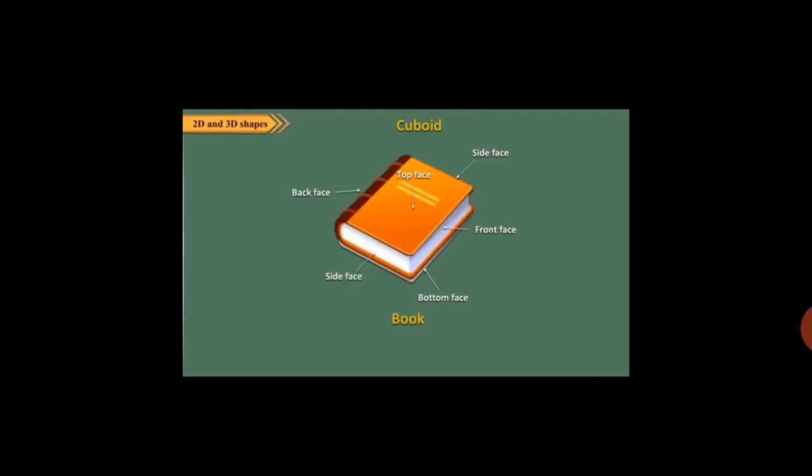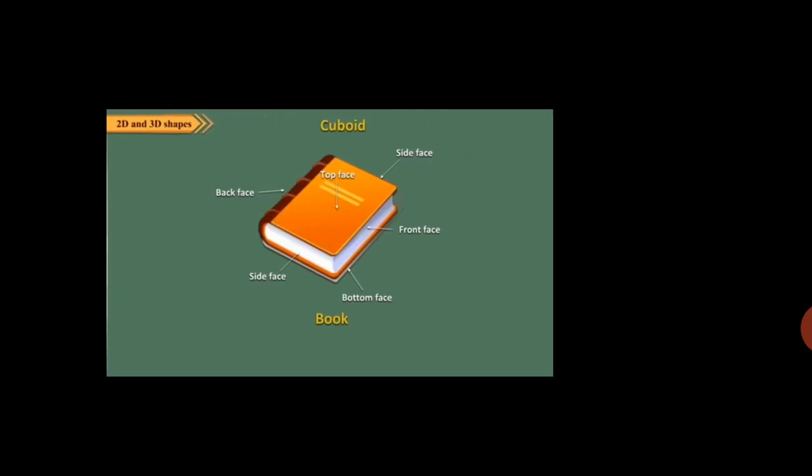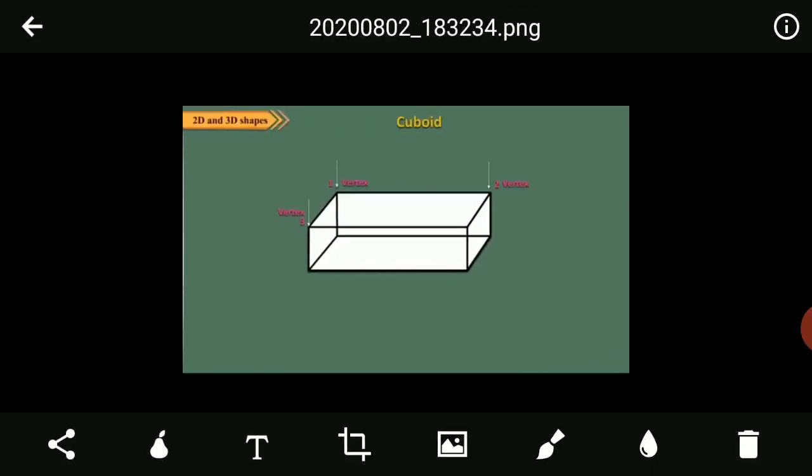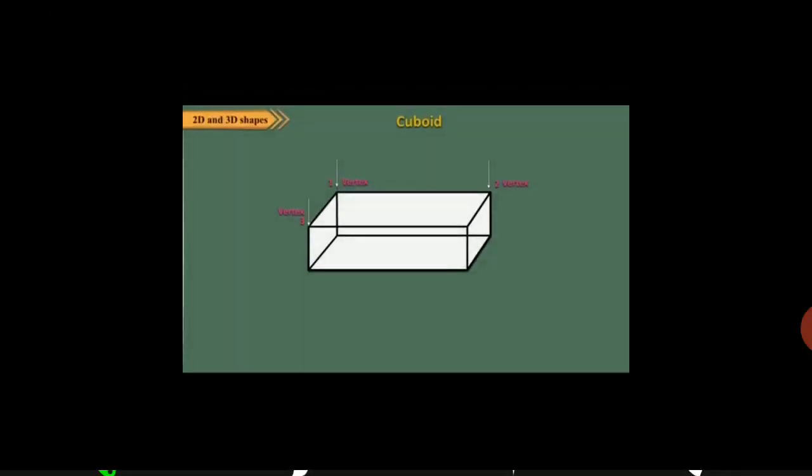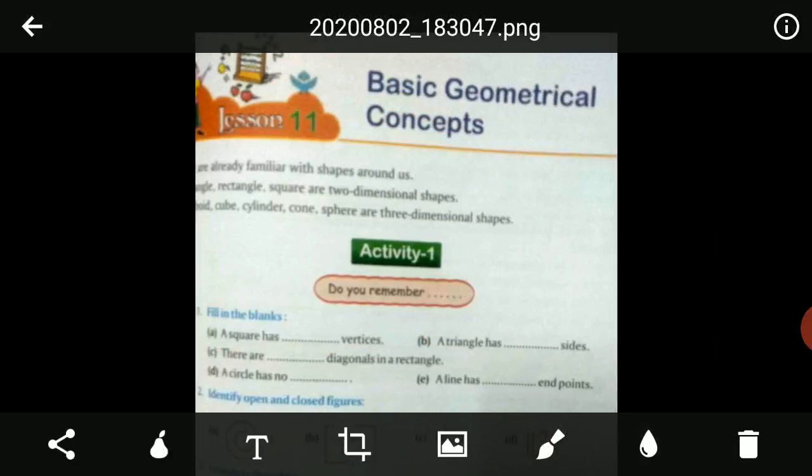But in cube we use square sheets, and in cuboid we use rectangular sheets. Clear? How many vertices does cuboid have? 8. Clear? Edges 12 and faces are 6. Clear, students? And is there any curve face? No.